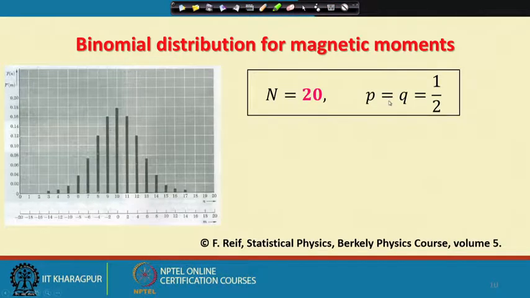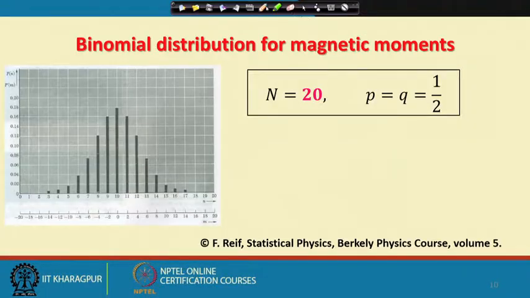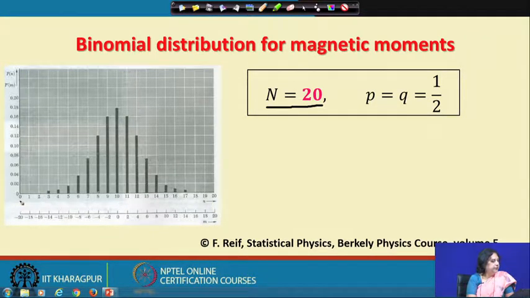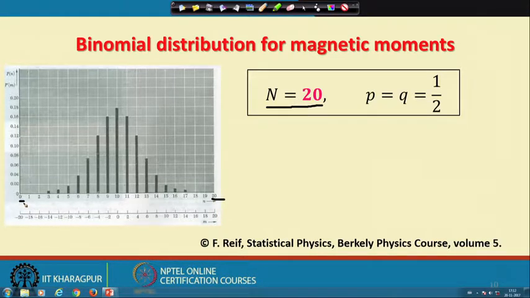In the next slide, let us still have no applied field in the system, but we have a larger number of spin half particles. In this example, we have taken the total number of particles equal to 20. Because capital N is equal to 20, small n can now vary from 0 to 20. When small n is equal to 0, all the spins are pointing downwards.